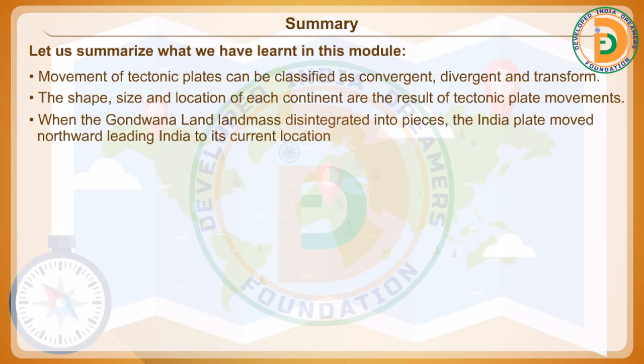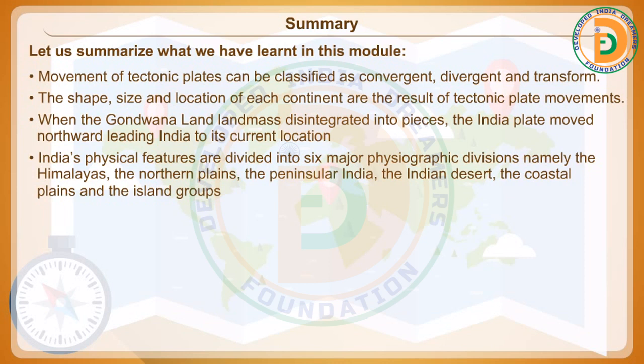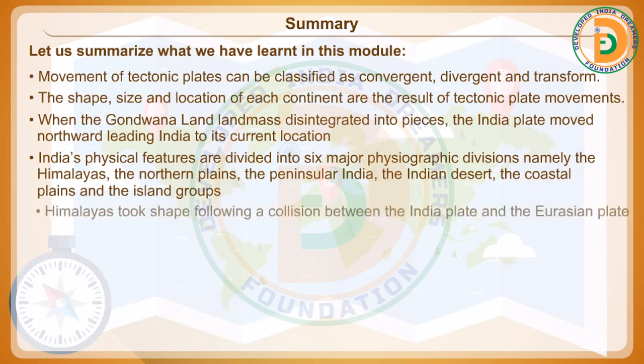When the Gondwana landmass disintegrated into pieces, the India plate moved northward, leading India to its current location. India's physical features are divided into 6 major physiographic divisions, namely the Himalayas, the northern plains, the peninsular plateau, the Indian desert, the coastal plains, and the island groups.